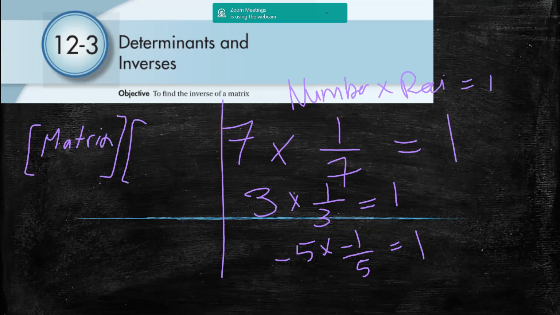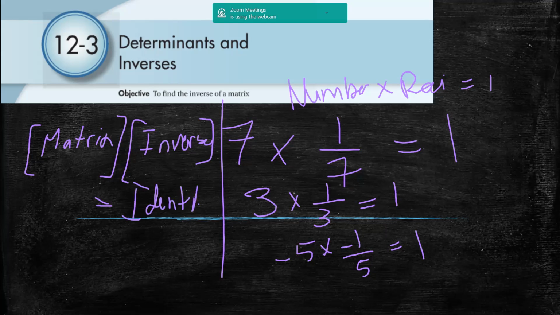Here, the product of any matrix with its inverse is what we call the identity matrix. Identity, like you have only 1 or 0. So the product of a matrix with its inverse matrix gives an identity matrix.